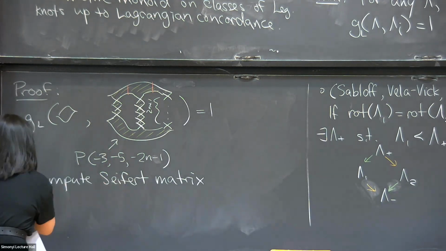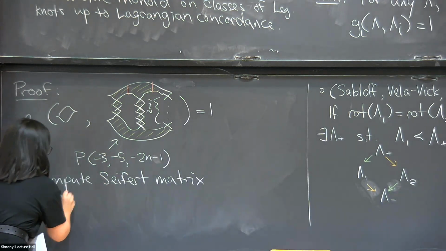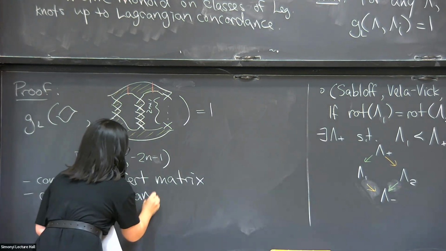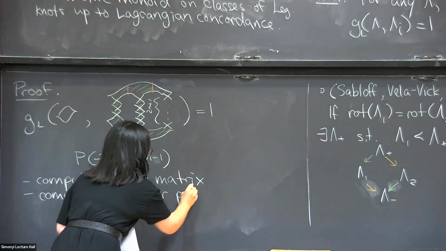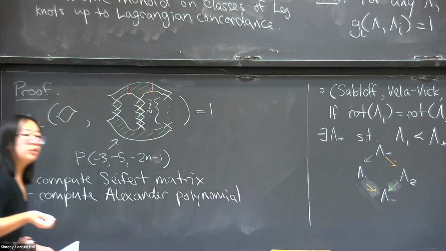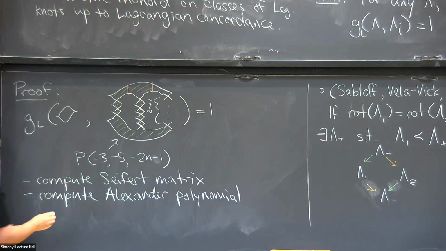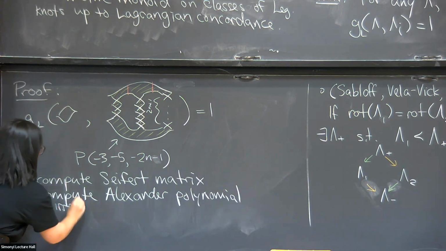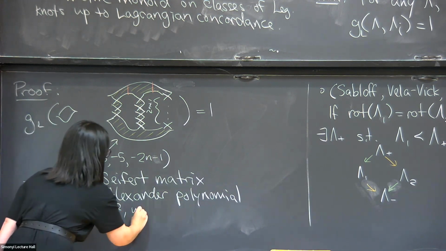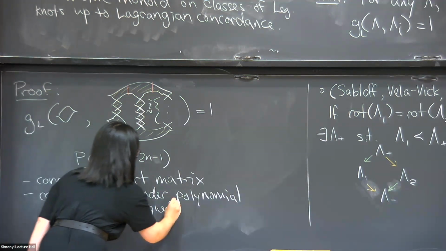And using the Seifert matrix, I can compute the Alexander polynomial. And what I'll notice is that this polynomial is irreducible, it has degree 2, and it's unique for each n.